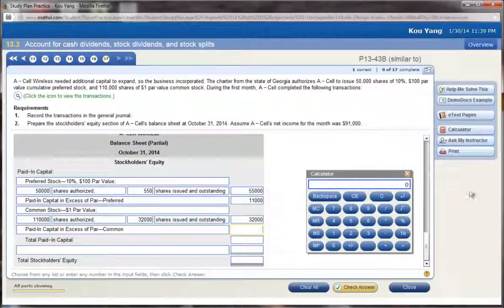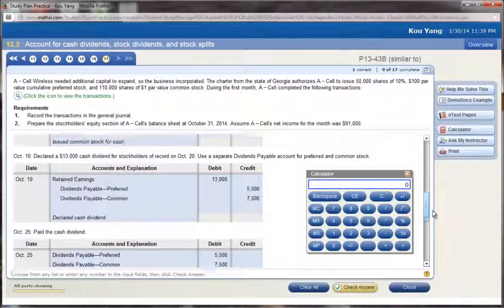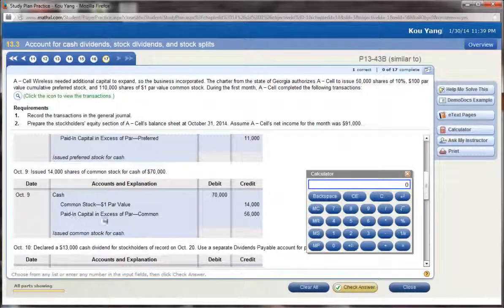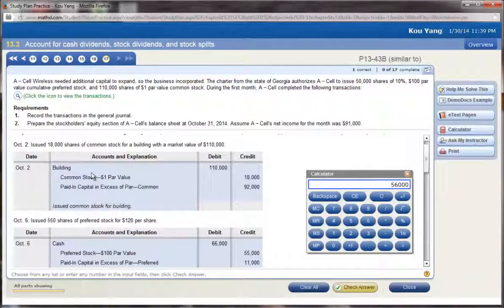I'm going to go back up to those transactions that we did for common when we issued them. And I'm going to add this paid in capital in excess of par for 56,000 here. And also, we did another transaction for common up here for the building. And I have to add in the 92,000.